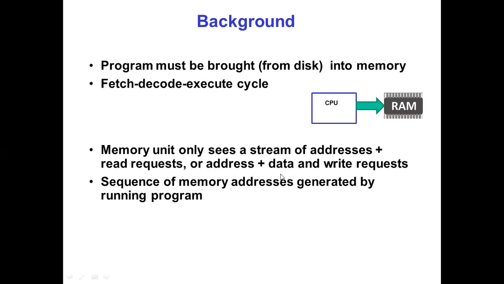Address plus data, so here we may also have the address as well as the data and the write request. So we receive several requests: a read request, a write request, address and data, or address plus read request. Okay, so anything could happen in the memory unit.